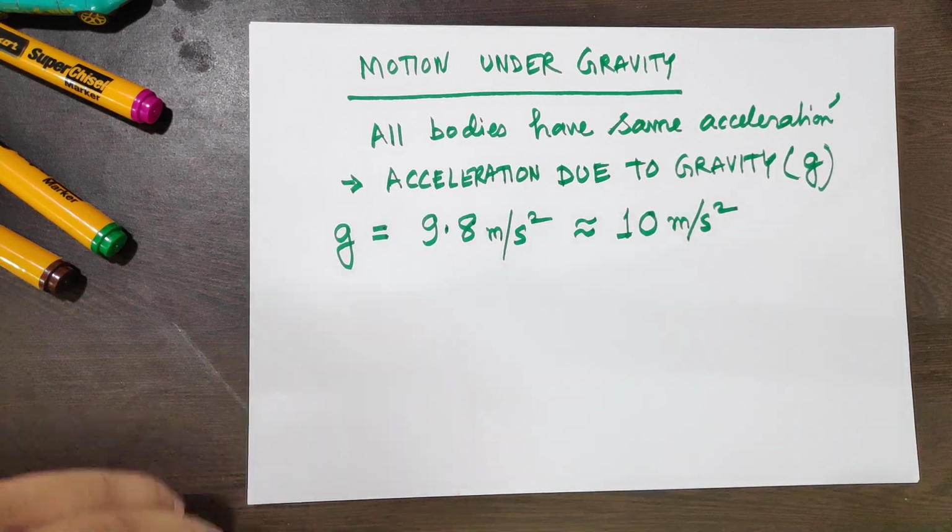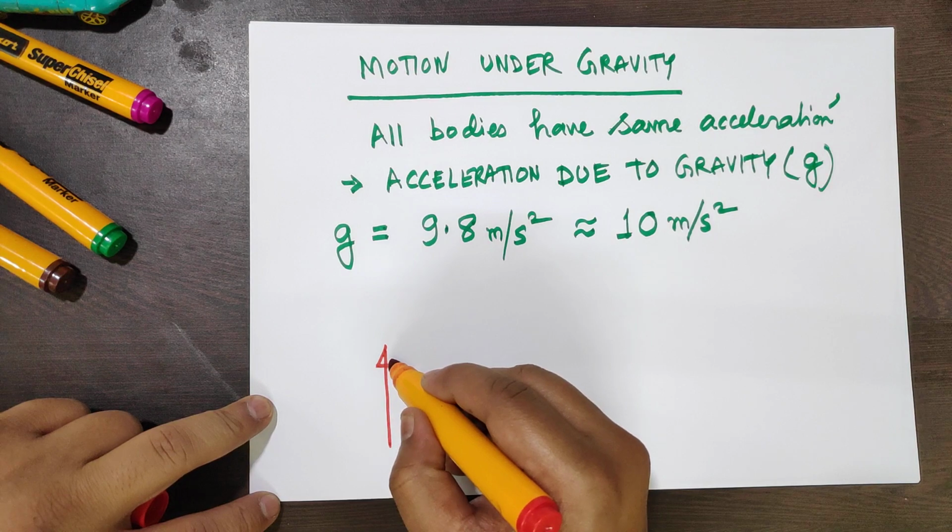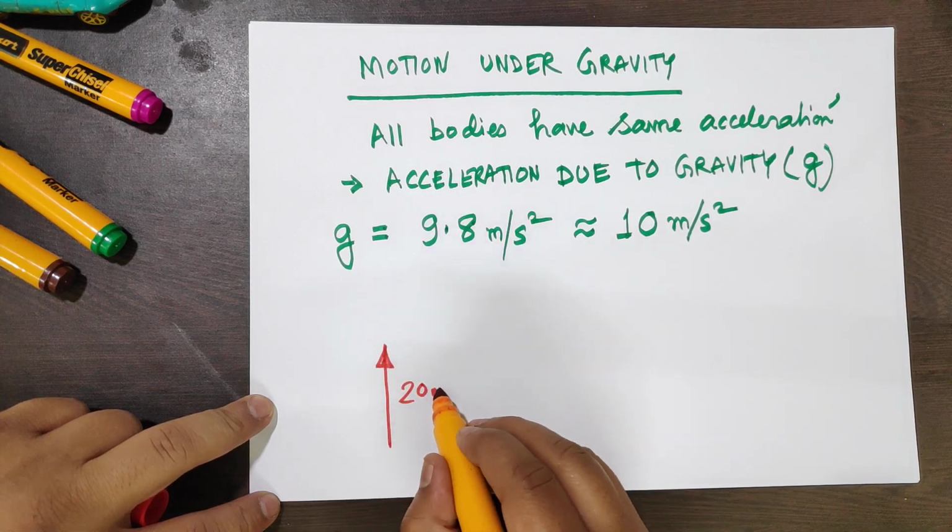So suppose in motion under gravity, a stone is thrown at a velocity of 20 meter per second.